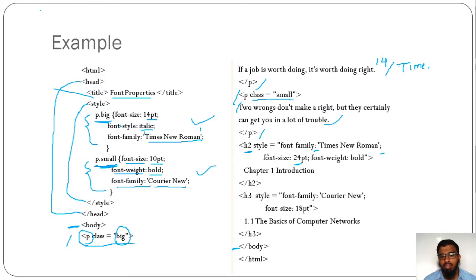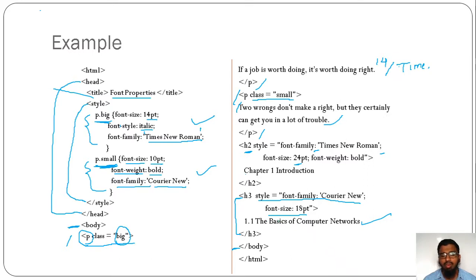Whatever you are writing, this is Chapter 1 Introduction, that should be 24 font and Times New Roman. H3, if you see this code, H3 style equals font-family Courier New and font-size 18, 1.1 The Basics of Computer Network. If you write like this in the H3, then this style will be applied to this element.